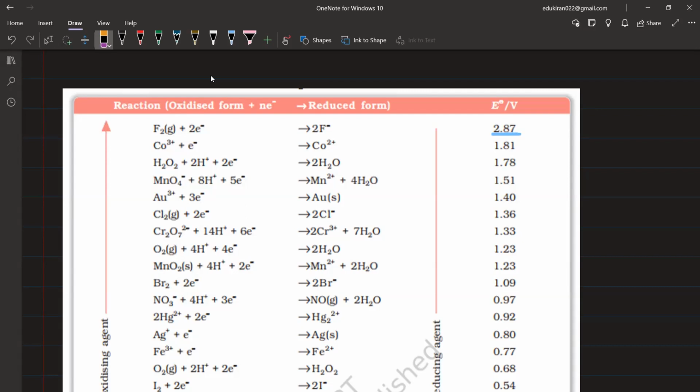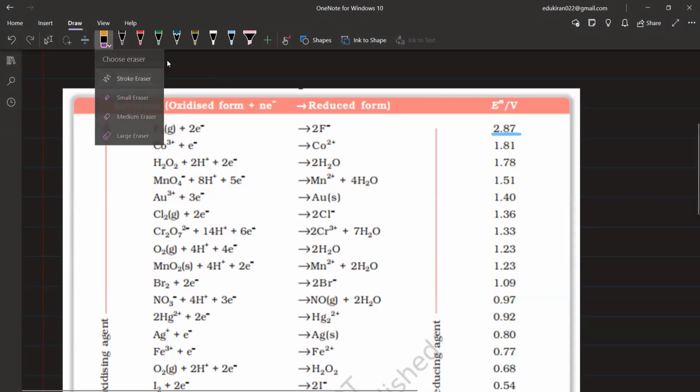It needs electricity. Why? Tell me. Why does it need electricity? Because it's not spontaneous. I mean, how can you say it is not spontaneous? Like this value here.